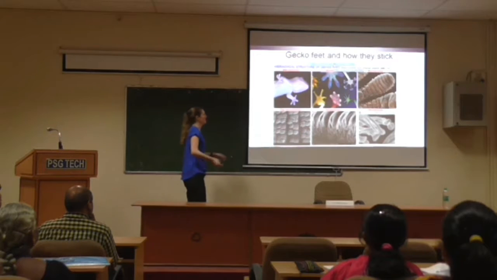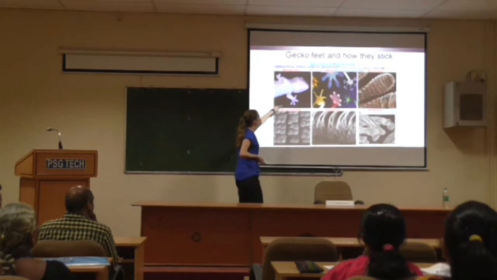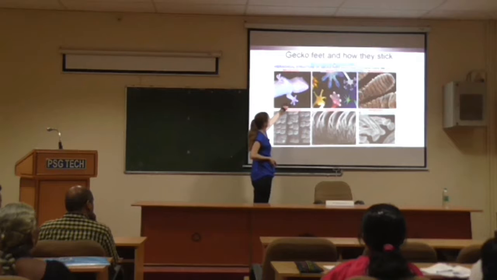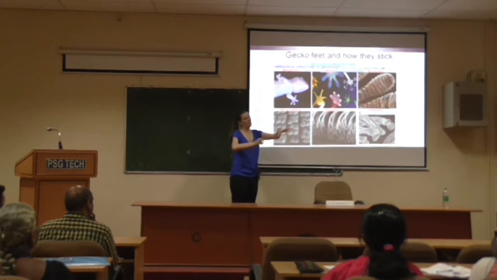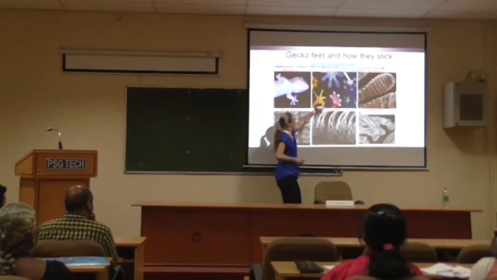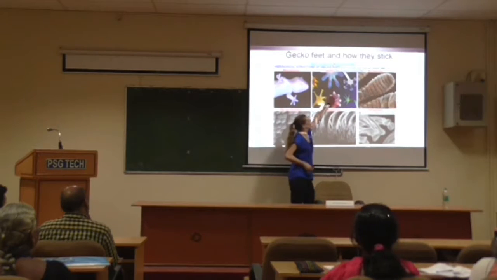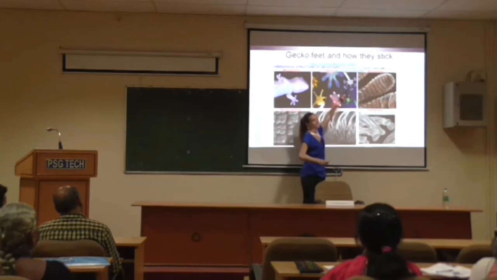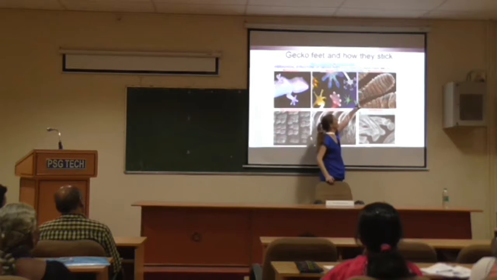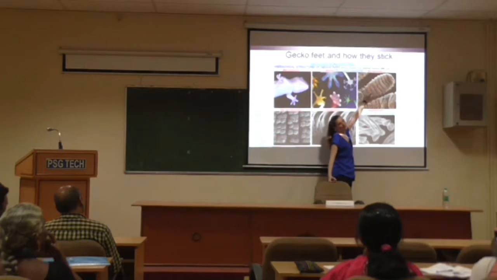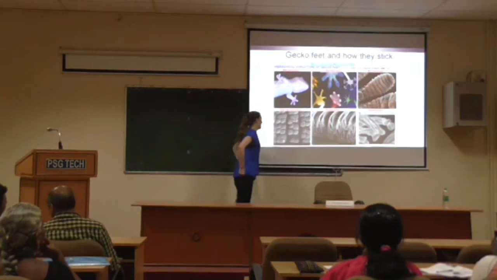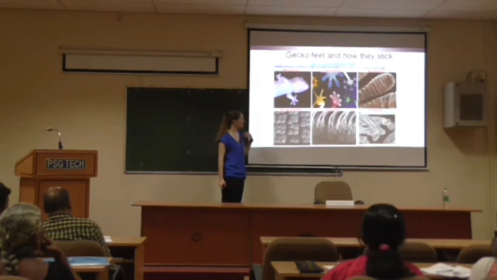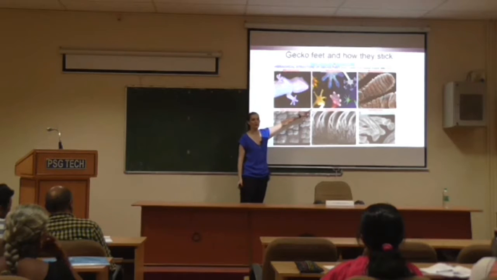If you look at their feet, they web out, and then from there they have what looks like extra toes, and if you zoom in, it looks like little furry toes. And then if you use electron microscopy, that's the structure of those furry things.